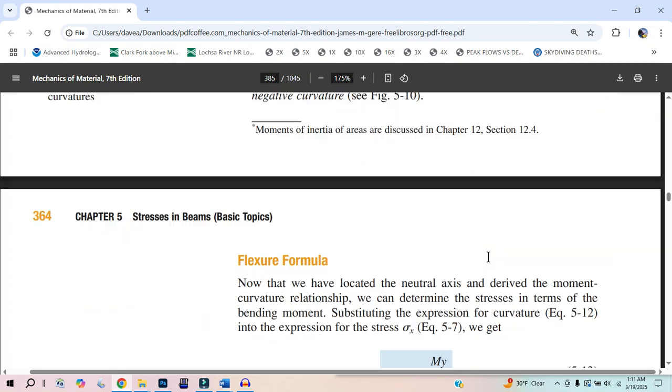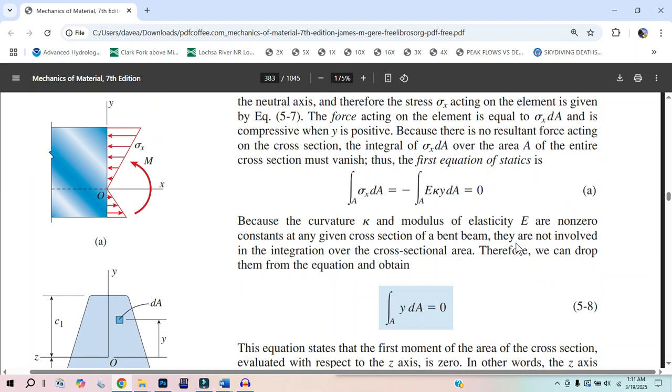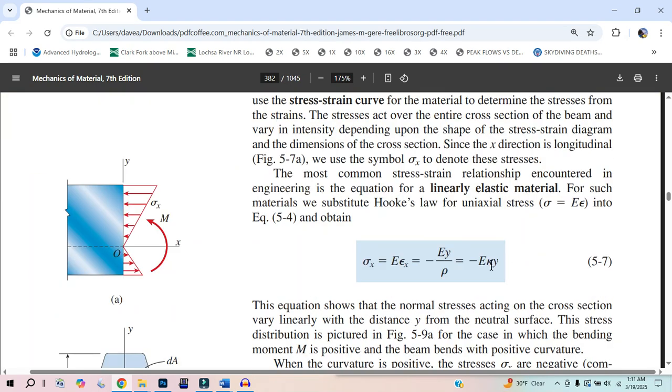So curvature is M divided by EI. So the E's are going to cancel, and now we have sigma is equal to negative My divided by I.